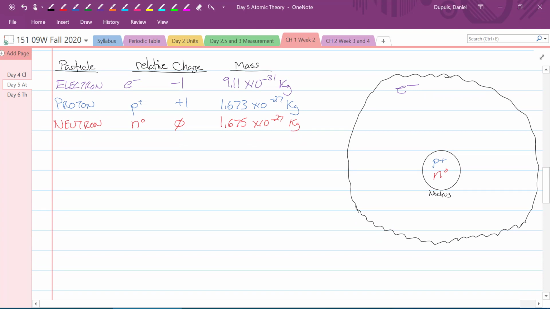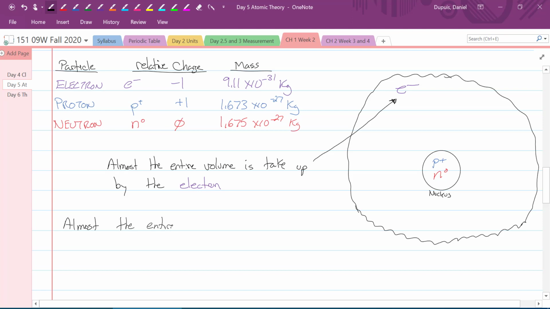Alright, so now, almost the entire volume of the atom is taken up by the electron. So that's almost the entire volume. And almost the entire mass is in the nucleus.